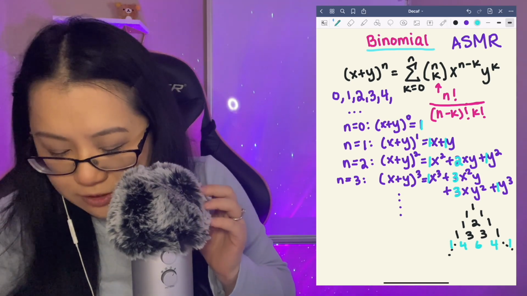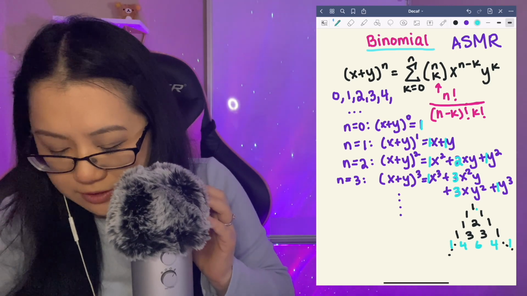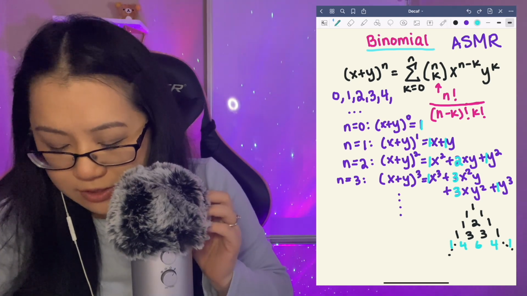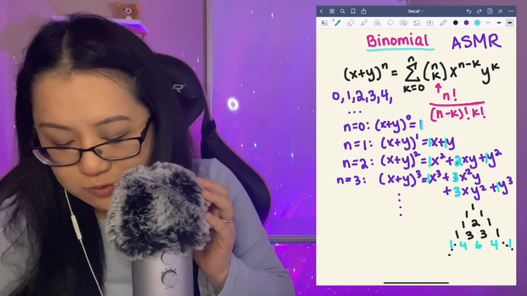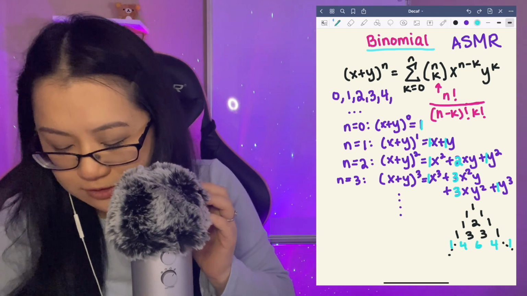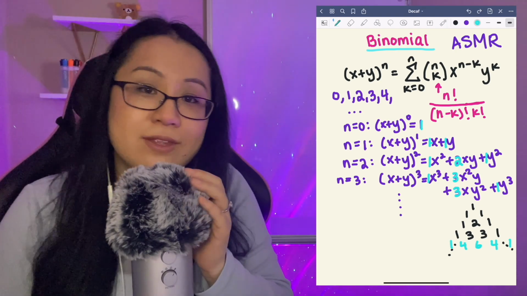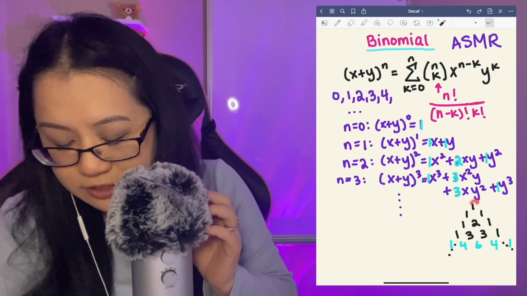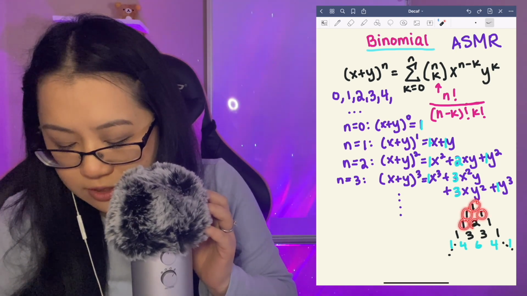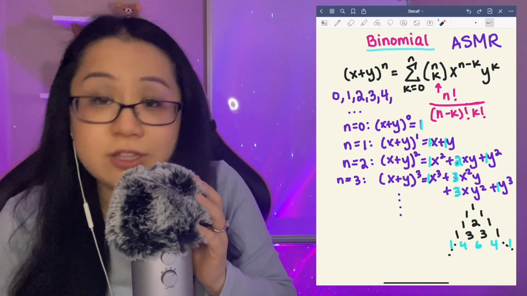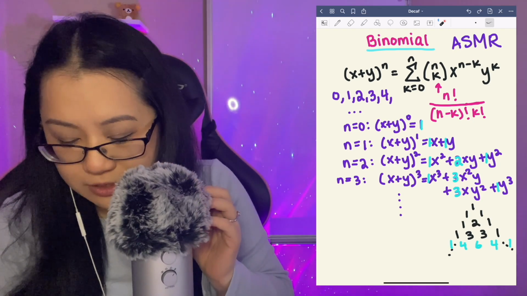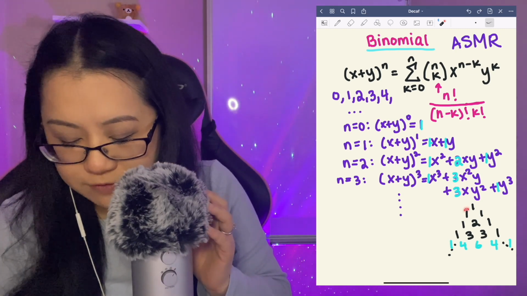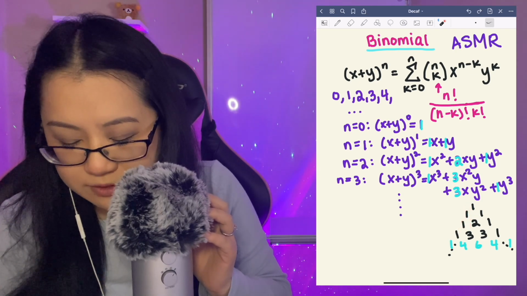So for n equals 0, row 0, I have just 1. 1, 1 is for 1x plus 1y. 1, 2, 1 is for 1x squared plus 2xy plus 1y squared, etc. And that's because we talked about each of these numbers in Pascal's triangle, and how they correspond to the n choose k, depending on your nth row starting at 0 and your kth element going from left to right starting with k equals 0.